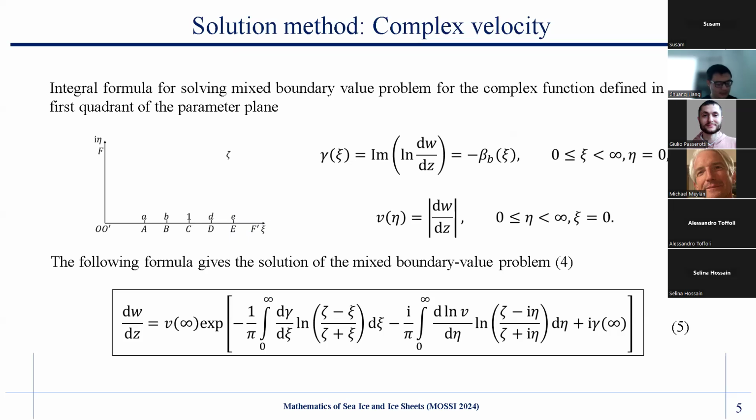This methodology was applied to derive an integral formula, which analytically solves the mixed boundary value problem for a complex function defined in the first quadrant. On the real axis is given the argument of the complex function. On the imaginary axis is given the magnitude of the complex function. Then the function is obtained as equation 5 shows.